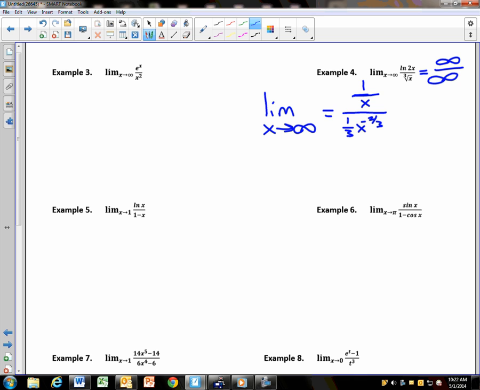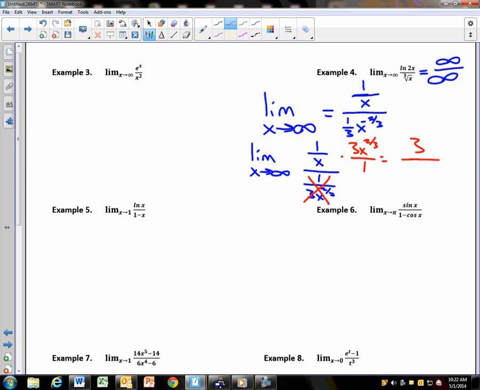So now this becomes the limit as x goes to infinity of 1 over x over 1 over 3x to the 2/3. If I write it like that in fraction form, that might be a way you can better handle it. What should I do now? Multiply by the reciprocal. What do you end up with on top? 3.